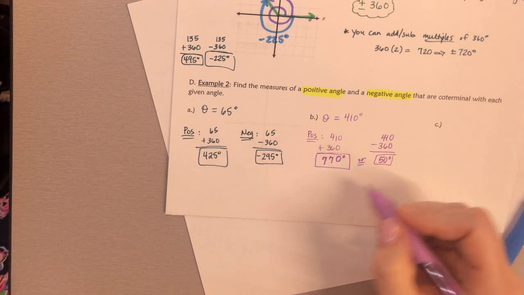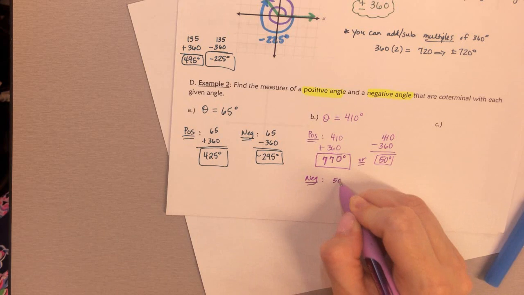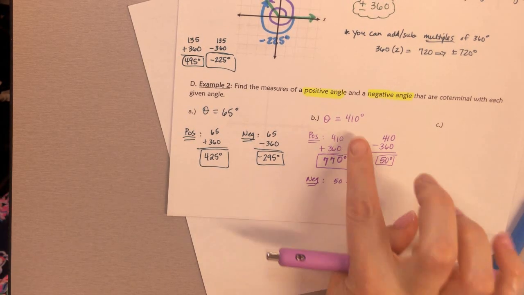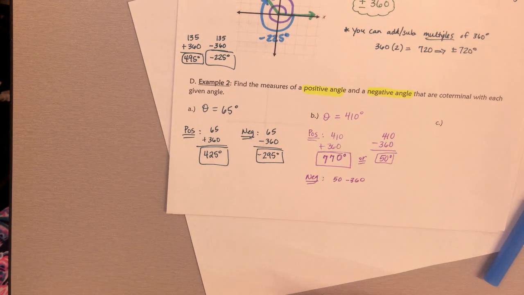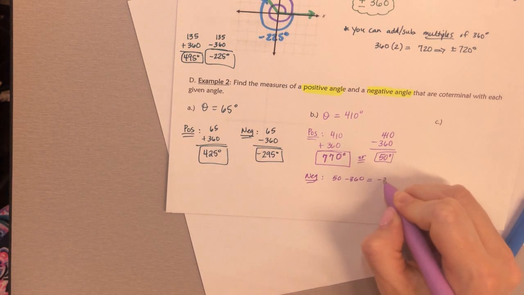What you have to do for the negative is take 50 and subtract 360, or take the original and subtract 720, that multiple. And then you would have a negative.